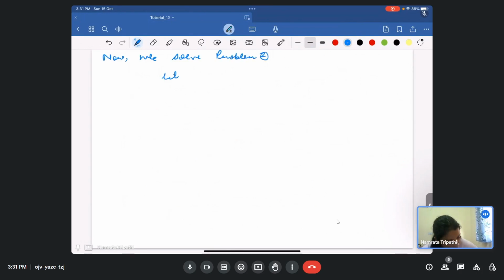For this, again we'll let w is function of x y in the form of, okay.